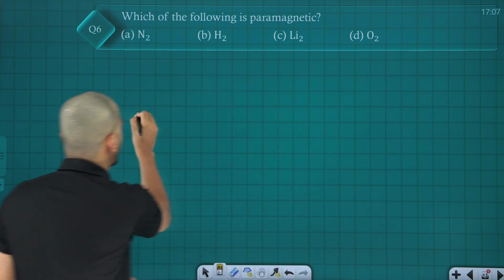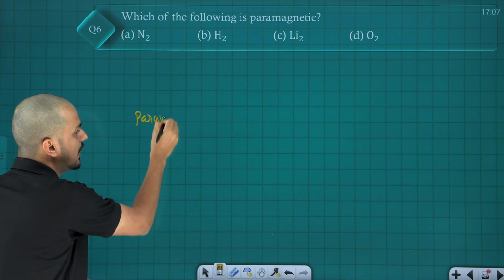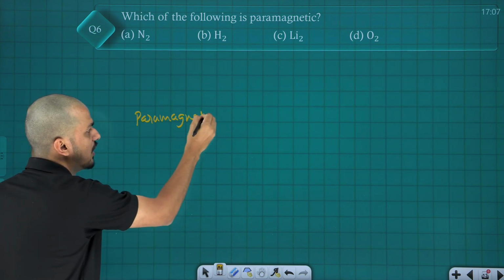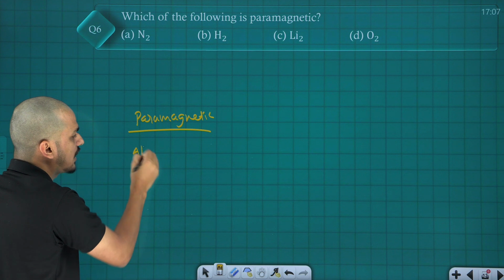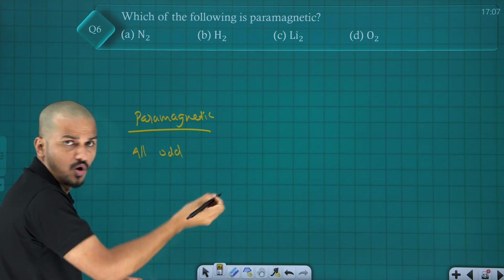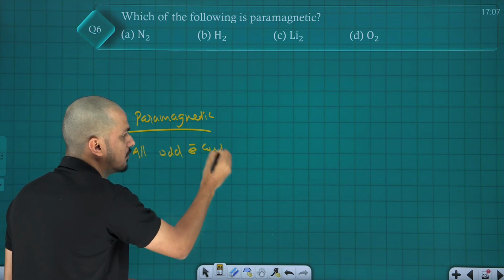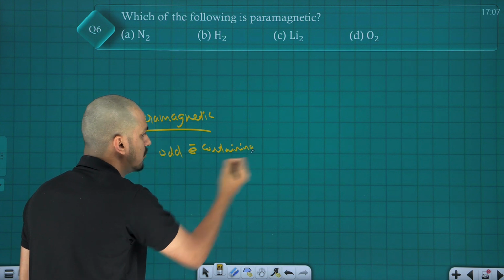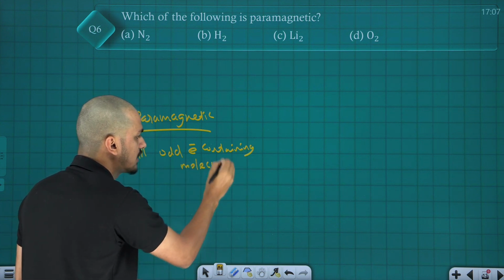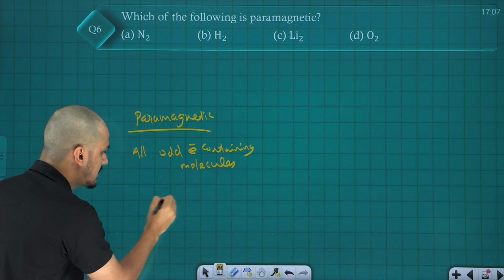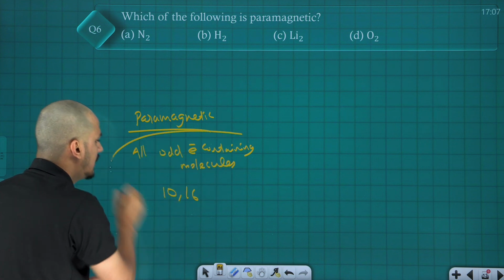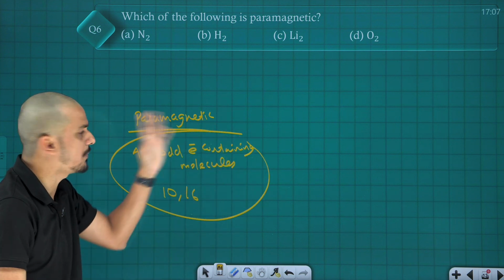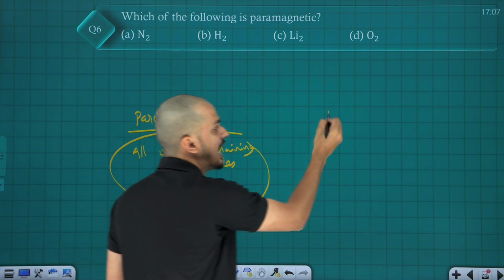So which all are paramagnetic? Remember, paramagnetic means all odd-electron containing molecules, plus molecules containing 10 and 16 electrons are also paramagnetic. What about diamagnetic?